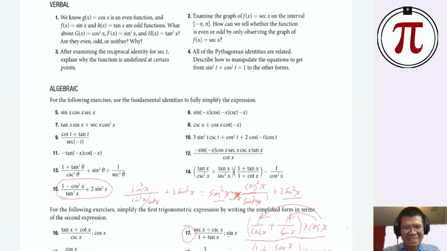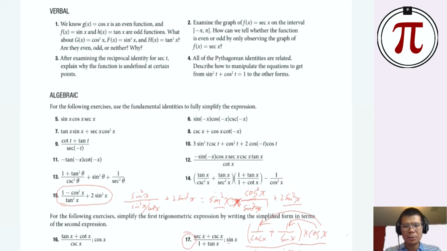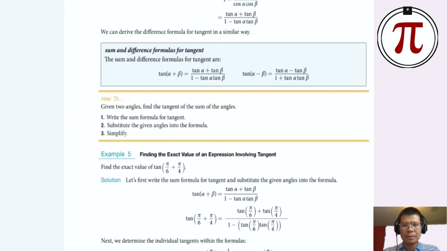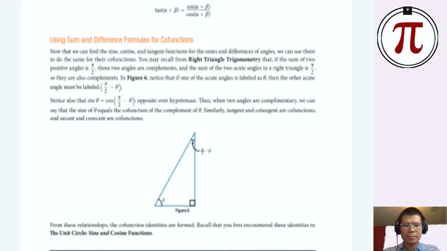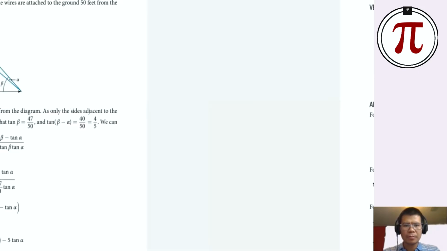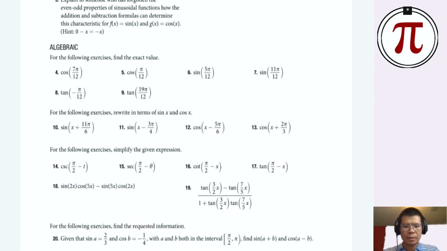Good. All right. So 9.2, right? This one.